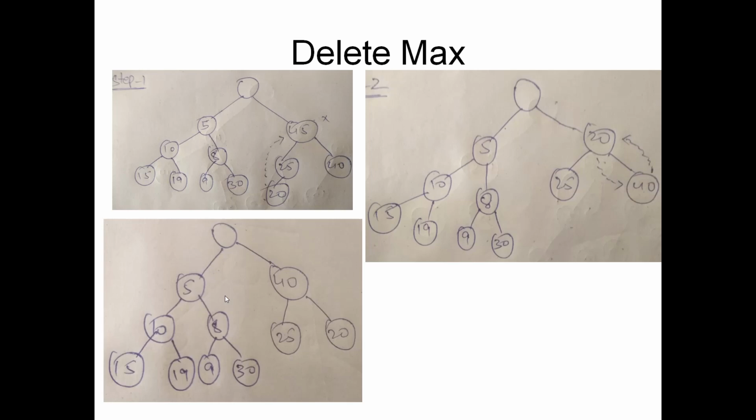Here 25 also is greater than 20, but 20 is in between 25 and 40, which is higher? 40 node is higher, so we have to swap 20 and 40. 20 comes down and 40 goes upwards, and the final output of the deep binary tree after deleting 45 is below. This is the brief introduction about deep data structure.